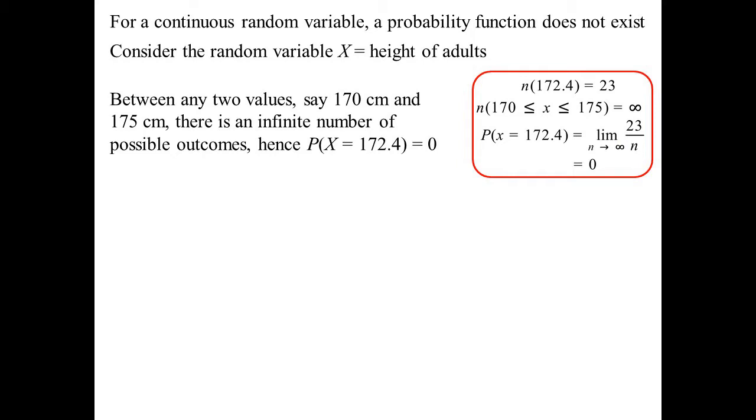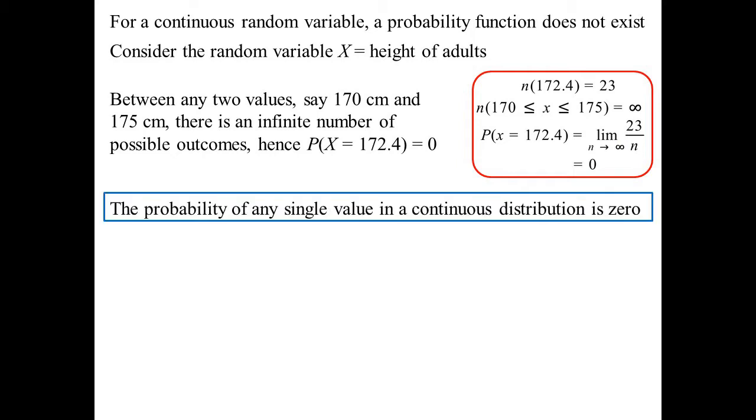Of course, we know that's equal to 0. So weirdly, even though we've got 23 people that are of height 172.4, the probability that someone is 172.4 is 0, if we treat it like we do with discrete. In a continuous distribution, the probability of any single value is actually 0.